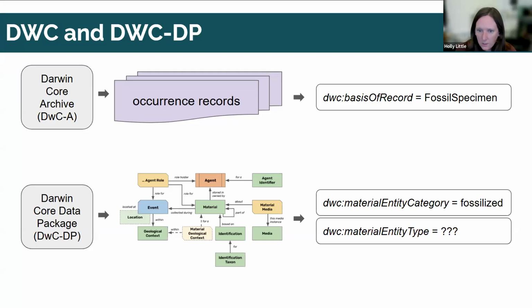And by having that material class and this new term of material entity type and the parent term to that, material entity category, we have new ways of sharing what the record is referring to.